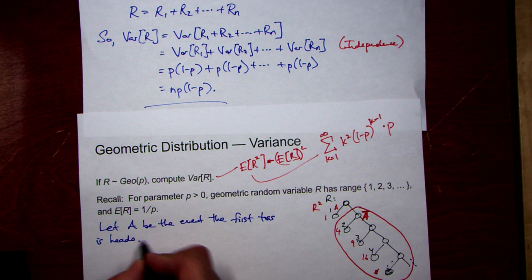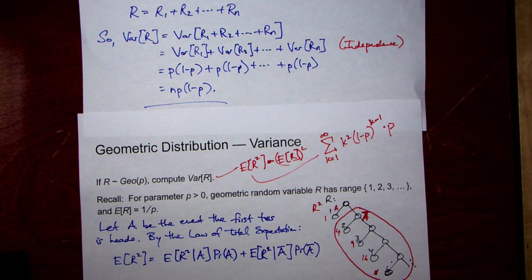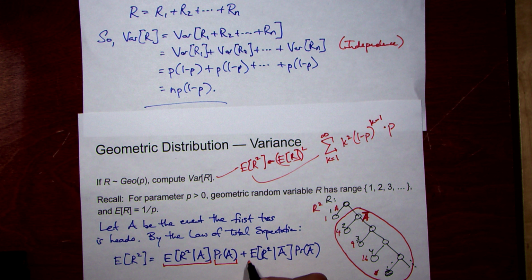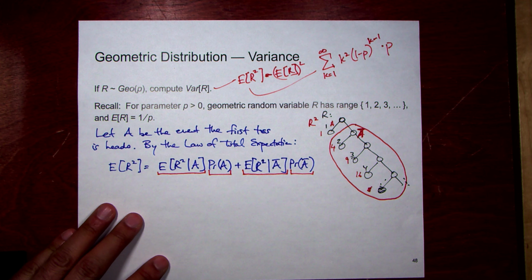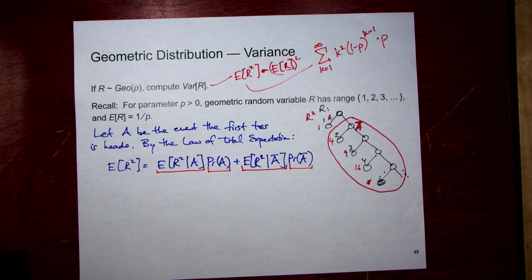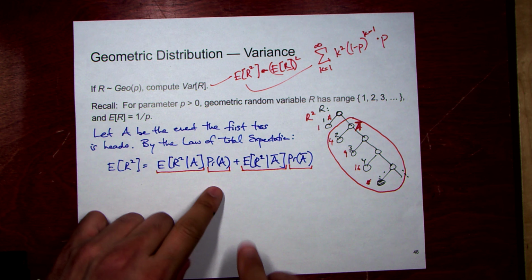And by the law of total expectation, the expected value of r squared equals the expected value of r squared given A times the probability of A plus the expected value of r squared given A bar times the probability of A bar. We're going to find each of these quantities. Okay, we'll do the easy stuff first. Probability of A and probability of A bar. Okay, so that's p and 1 minus p.